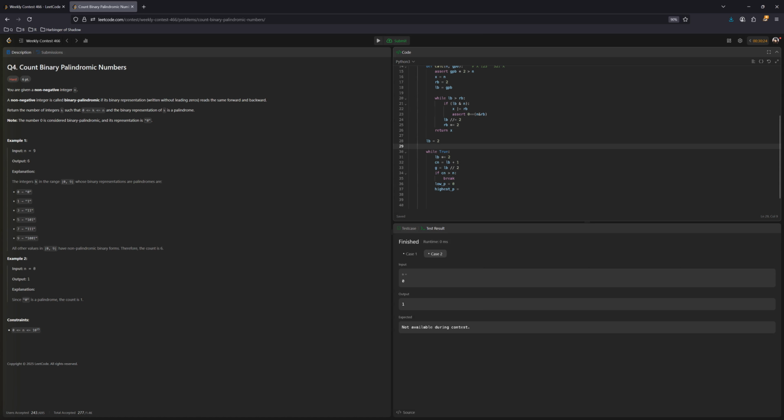It's almost like I need to know how many digits there are. Lowest shell equals, it's going to start with 1, right?